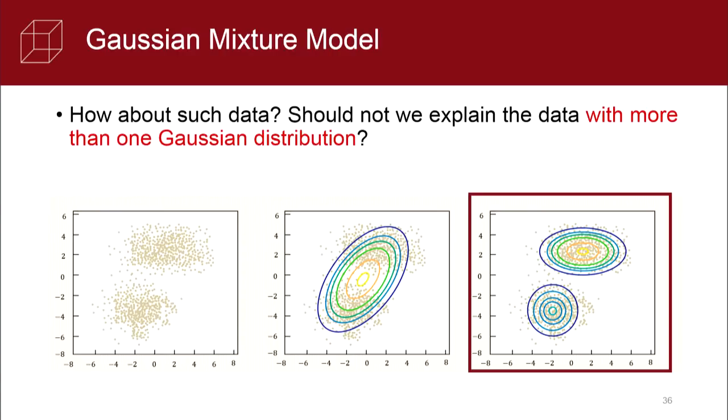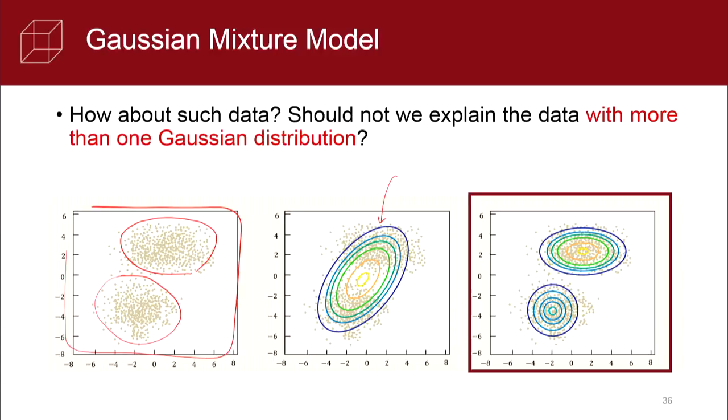The question is, what if we have this type of data? By taking a look at this graph, you probably see that we can cluster it into two parts. But explaining this data as coming from a single distribution is somewhat difficult.